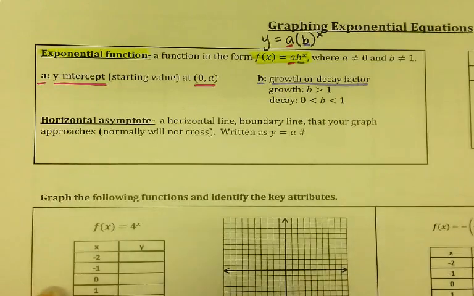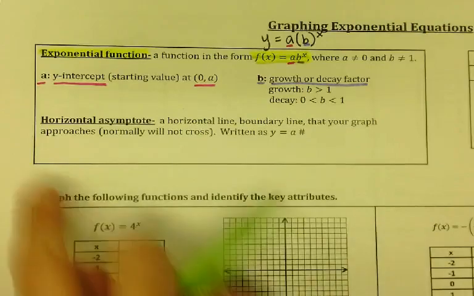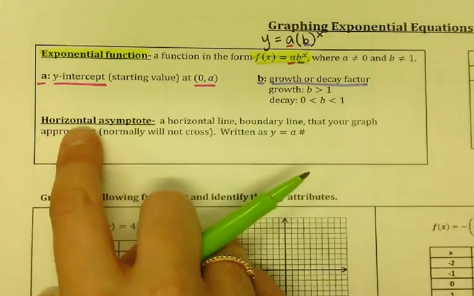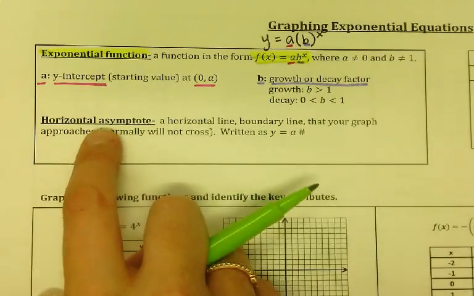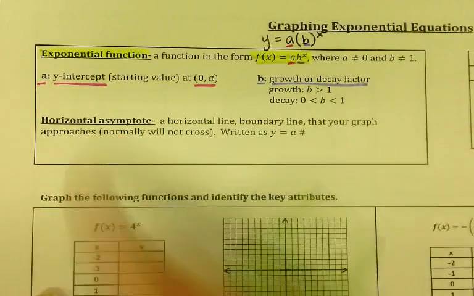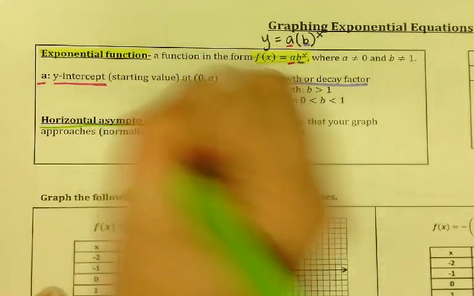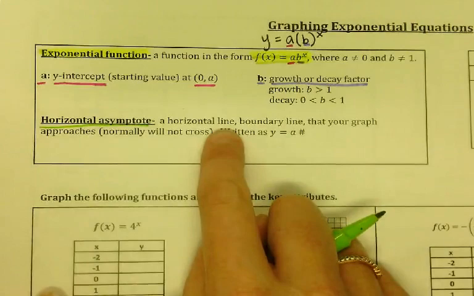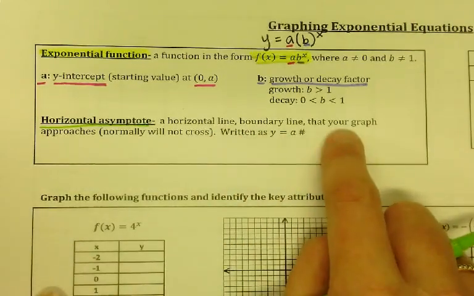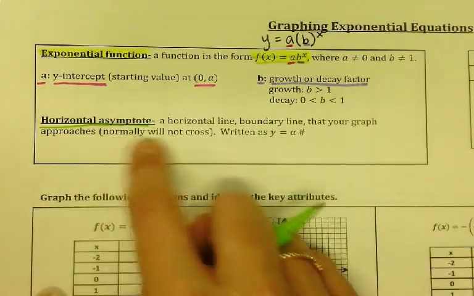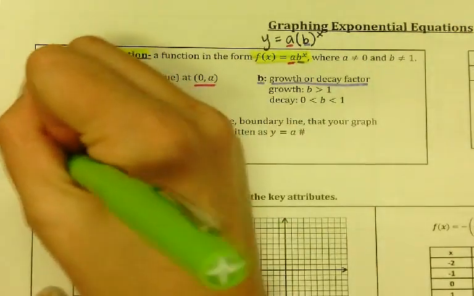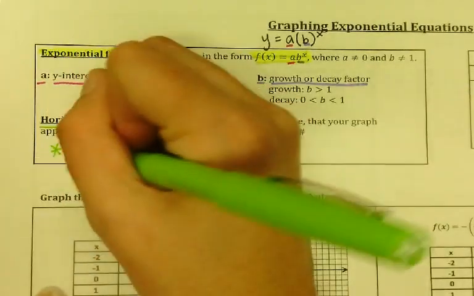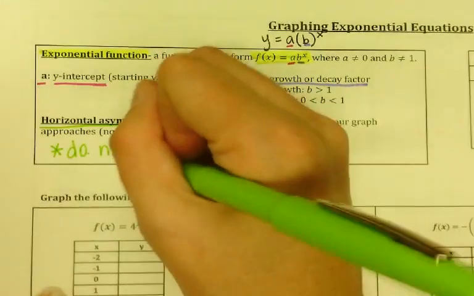We're going to talk a little bit about what this looks like. Then there's another important new thing in exponential functions called asymptotes. This is a horizontal asymptote. Basically, it is a horizontal line or a boundary line that your graph approaches and it normally does not cross. It cannot touch it. In exponential functions, you do not cross.